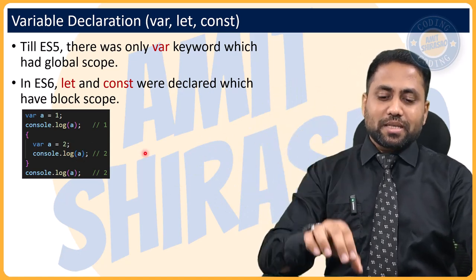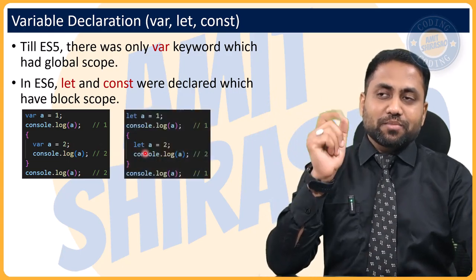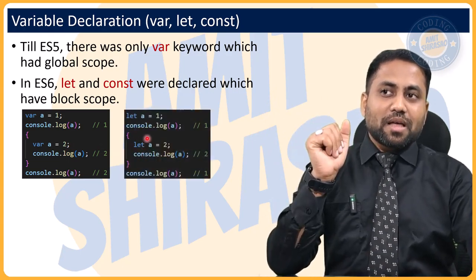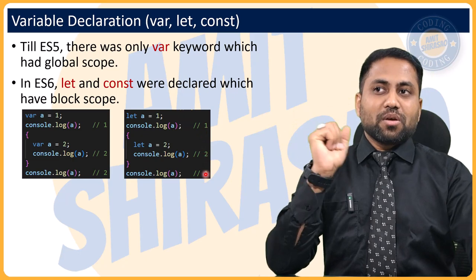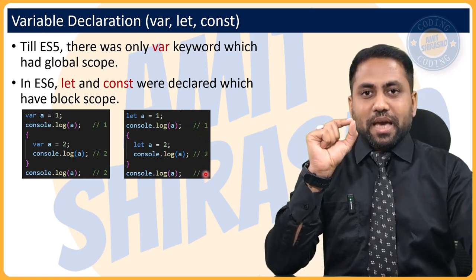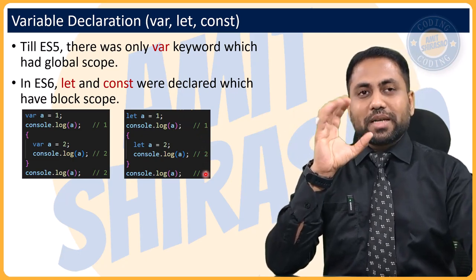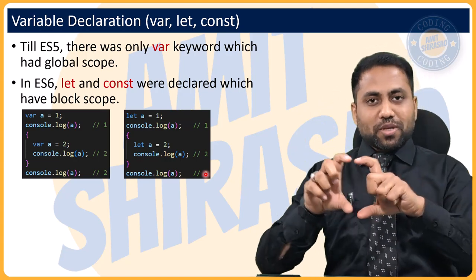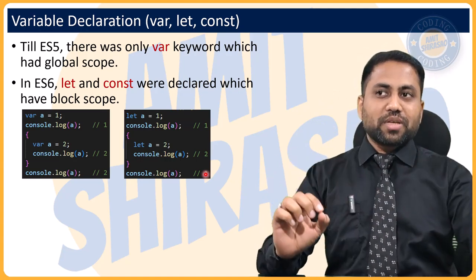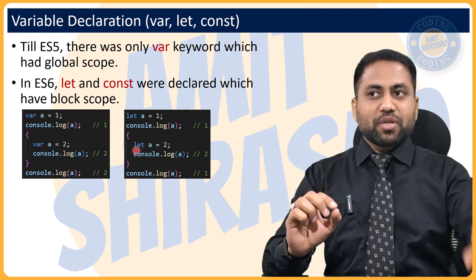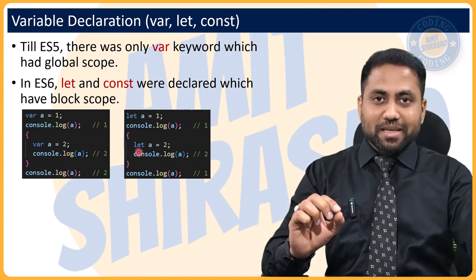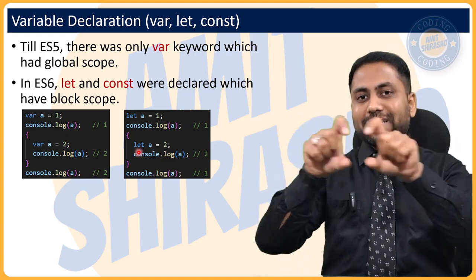But now let us say that you are using the let keyword. Now here the value is 1, here the value is 2, but outside it is still 1. What let does is, there is a global scope, and on top of this, wherever a block comes and you declare anything using let inside that block, one more context is put on it.